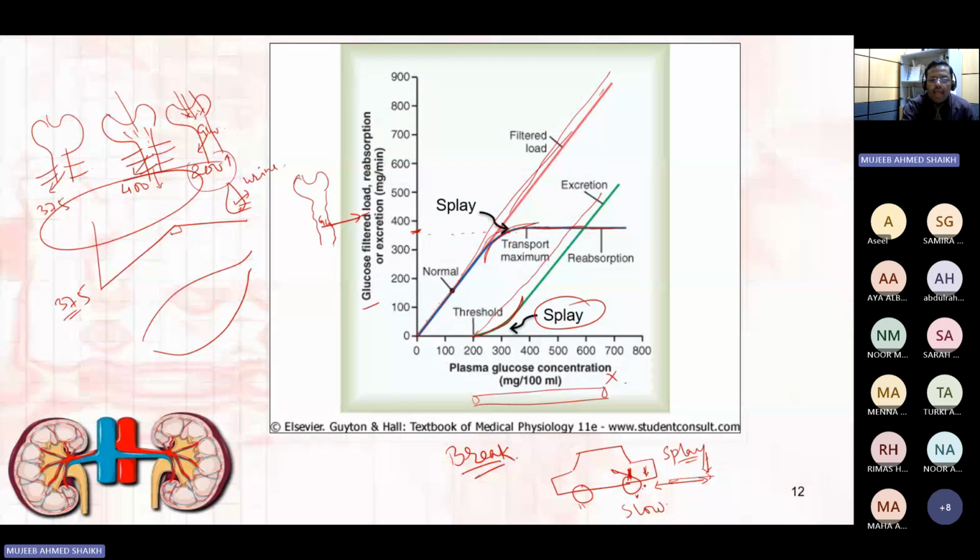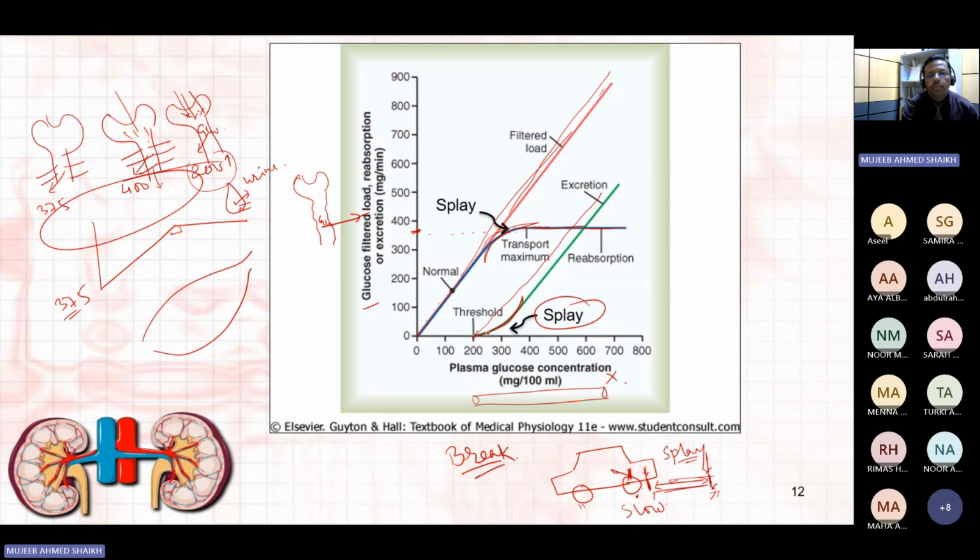That means the actual brake is applied here, and the actual stoppage is happening here. Expected is that the car should stop here. This gap is known as splay. So here also in the curve, when we say the renal threshold is 200, then suddenly the urine should become positive.